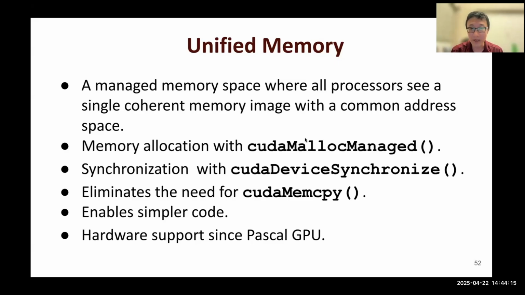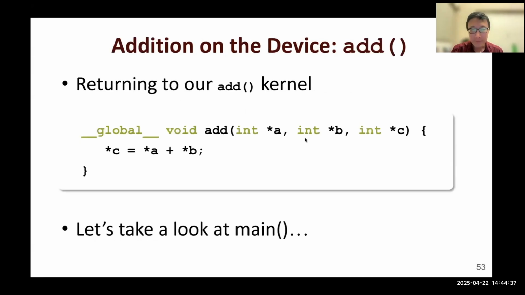You just need to do the cudaDeviceSynchronize. It will copy the data accordingly, depending on which direction it's copying, and which part of the memory has the data and which does not. So it makes your code much simpler, though not necessarily faster. Okay, that's unified memory.